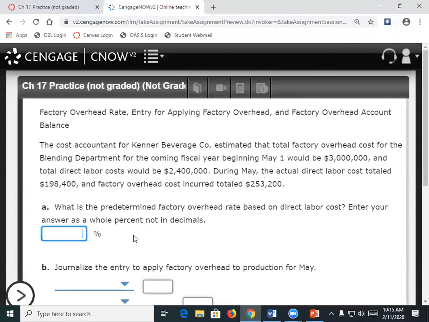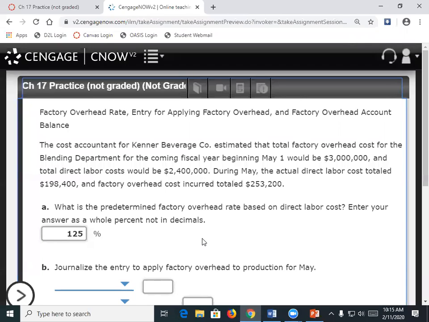I took 3 million divided by 2.4 million, and we're going to apply overhead as 125% of direct labor. Or we're going to take direct labor times 1.25 to make it simple, but they wanted it as a percentage. So overhead's applied as 125% of direct labor. That's for the whole year. We use the whole year's estimates.